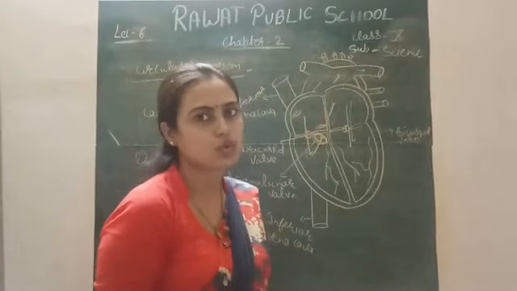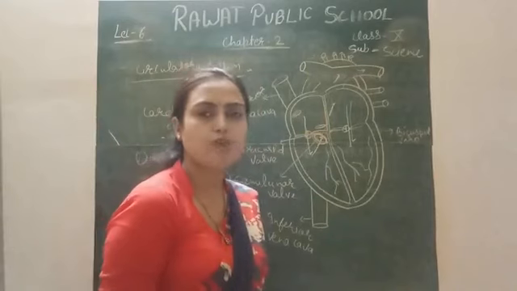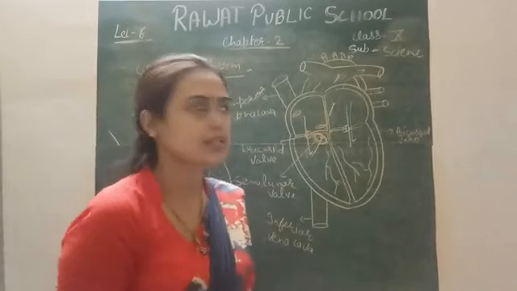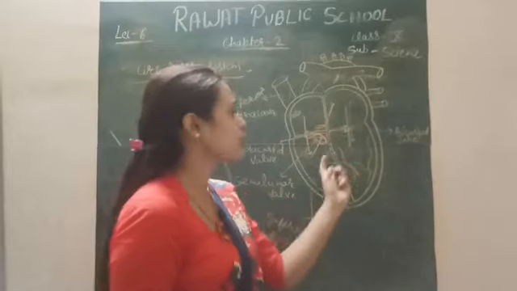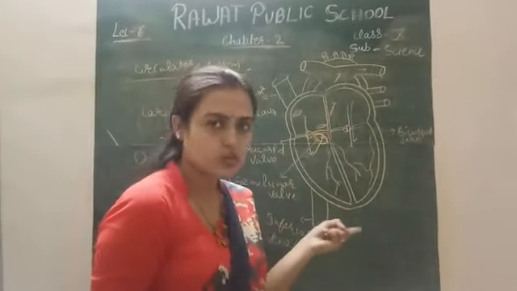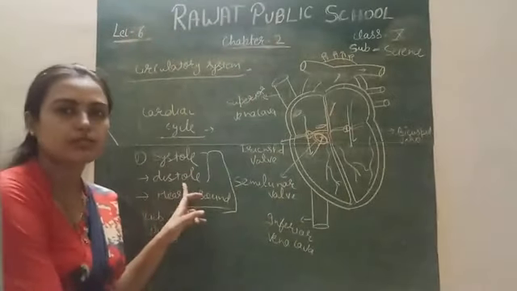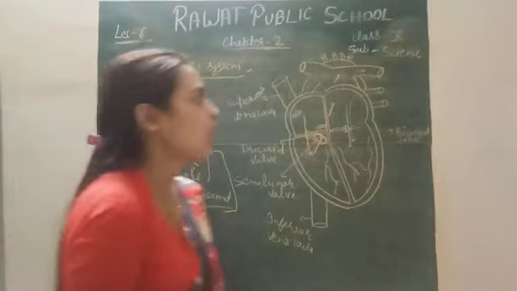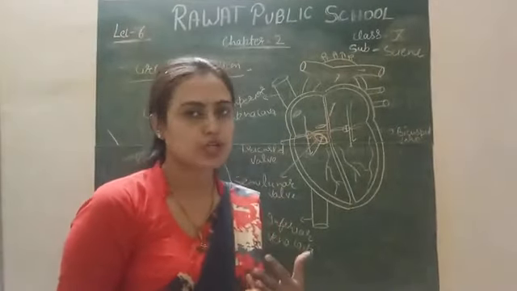This condition is called ventricular diastole or relaxation. So we have four different stages in one cardiac cycle. First the auricle contraction, then the auricle relaxation, then the ventricle contraction, then the ventricle relaxation. So contraction means systole and relaxation means diastole of the different heart chambers during the transportation of blood.